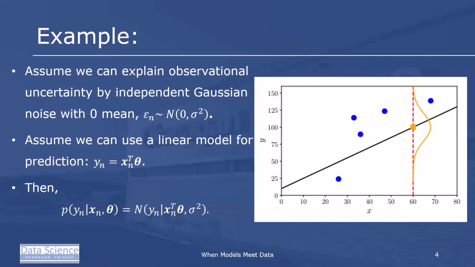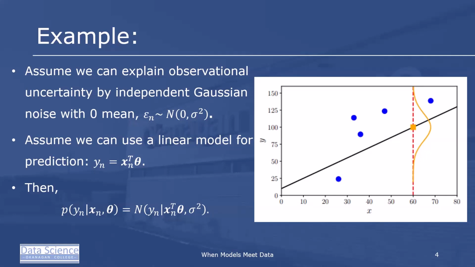The first example that is often used is to specify that the conditional probability of the labels given the examples is a Gaussian distribution. In other words, we assume that we can explain our observation uncertainty by independent Gaussian noise with zero mean and variance sigma squared.